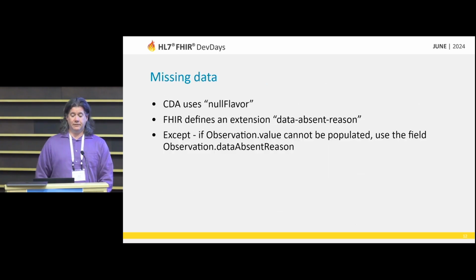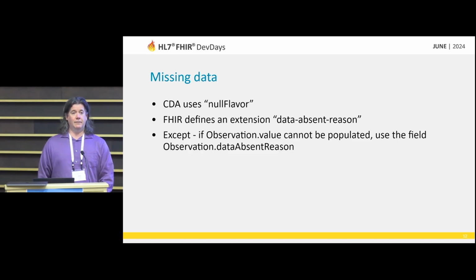The last thing that we have to deal with is the case where there is data that is missing from the CDA document. Often you don't really care. If the field is optional in FHIR, then your business case may be that you can simply leave that field unpopulated if the data is not available to you in a particular CDA document. But sometimes the profile will make that field mandatory and you have to do something.